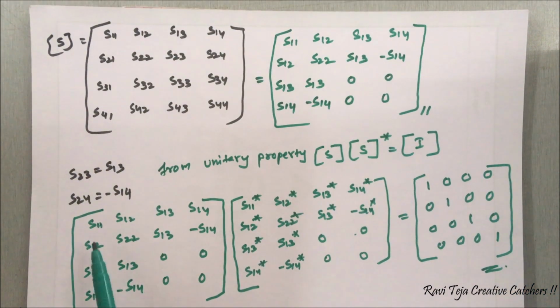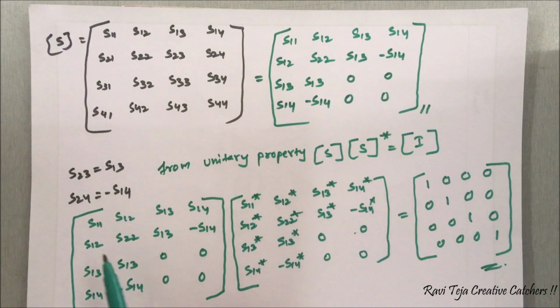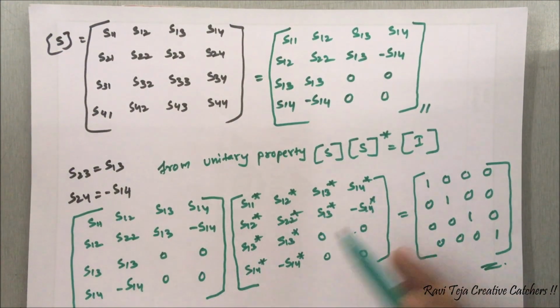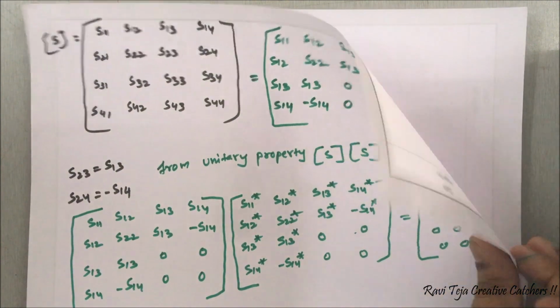Now let's calculate row 1 column 1, row 2 column 2, row 3 column 3 and row 4 column 4.